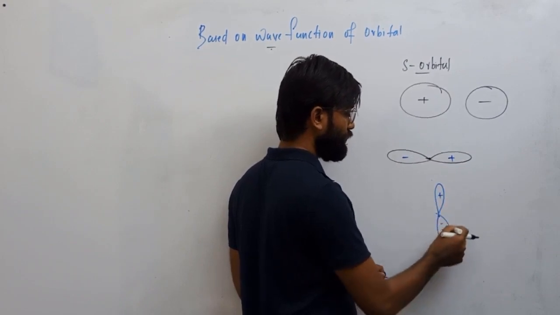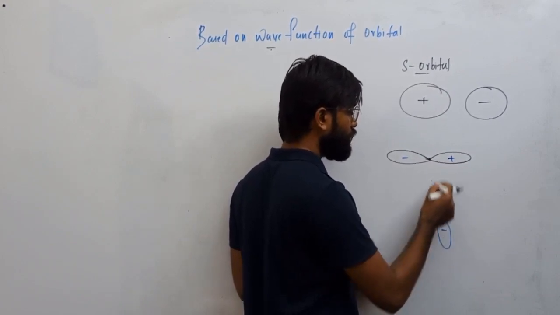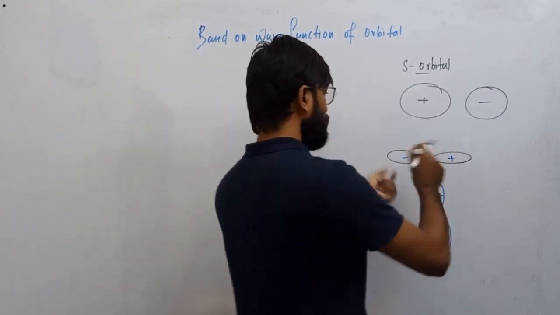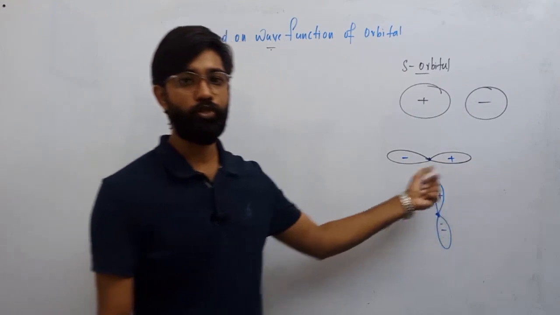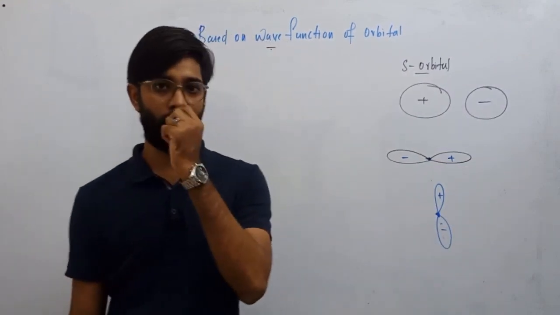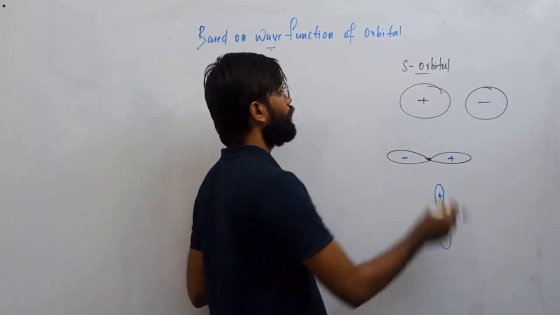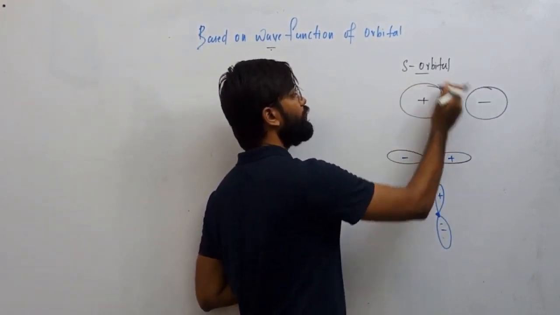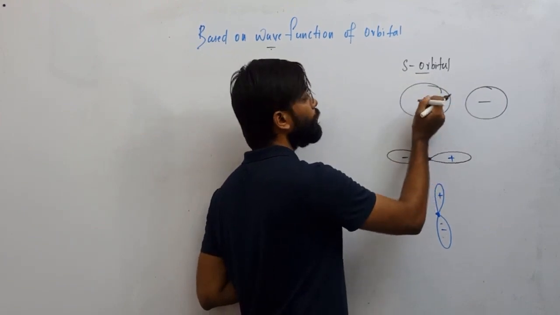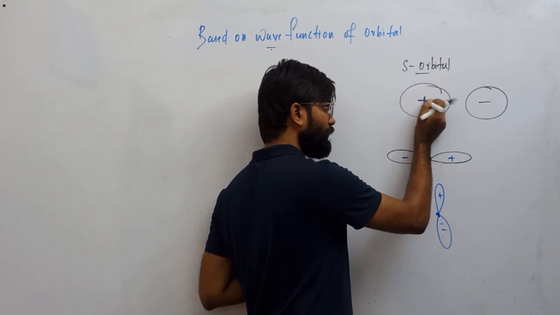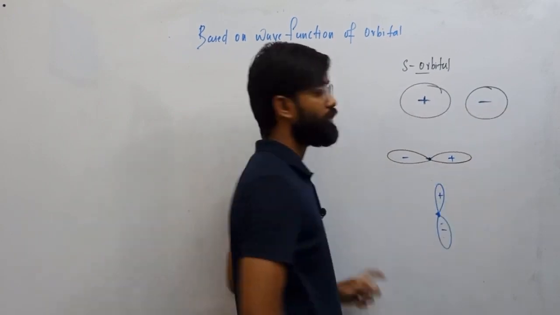If this is a positive one, this is the negative one. With respect to the origin, there are two different areas. So these two are designated positive or negative, which is analogous to the crest or trough of the electron wave. But with respect to the origin, the s orbital is a symmetrical figure. So that's why it is represented either as positive or as negative.